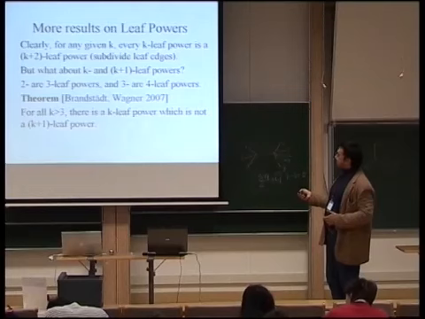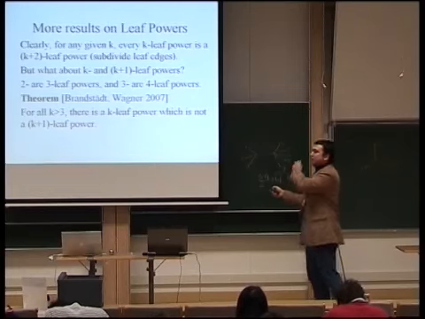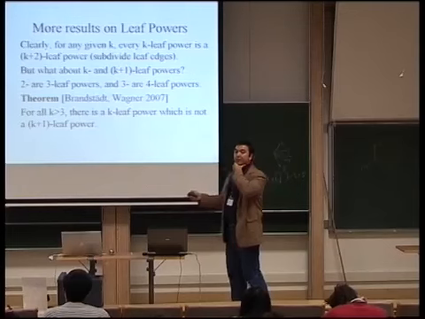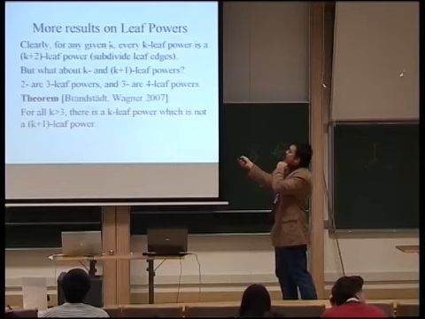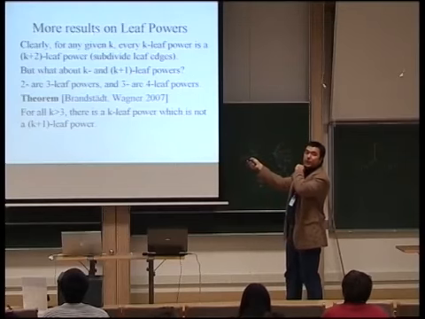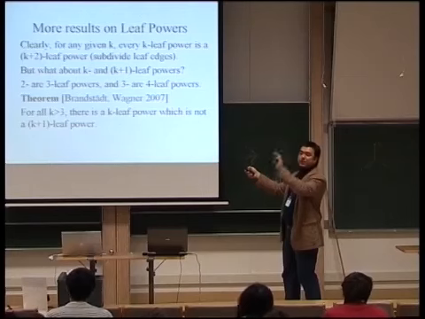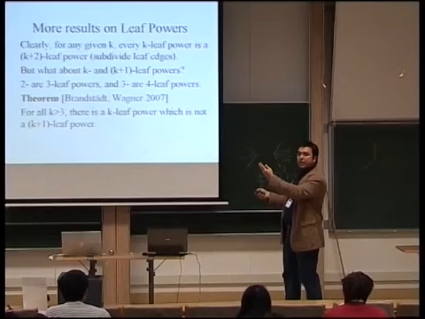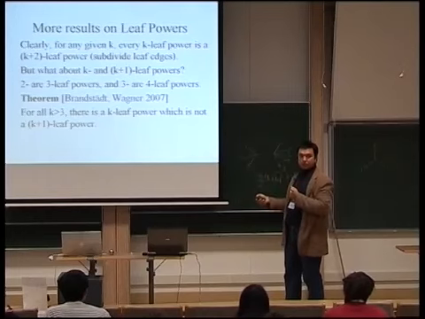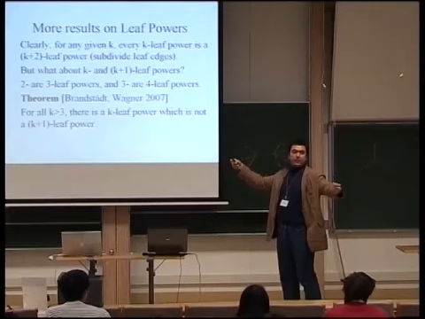And then this is about comparing k-leaf powers and k+1 leaf powers, because it's a very simple observation to see that if you've got a k-leaf root for a graph, then by subdividing all the edges that contain a leaf, you get a k+1 leaf root. All the distances get increased by exactly 2.